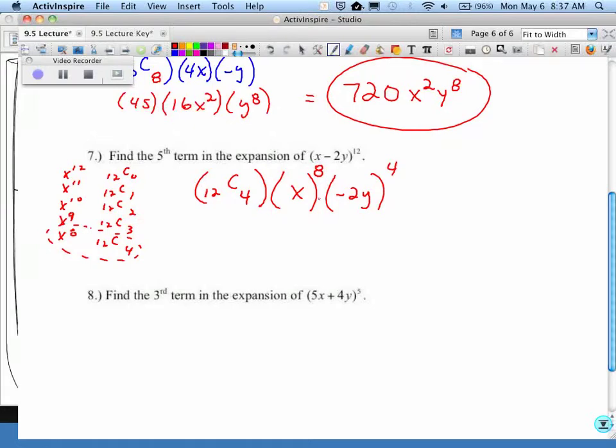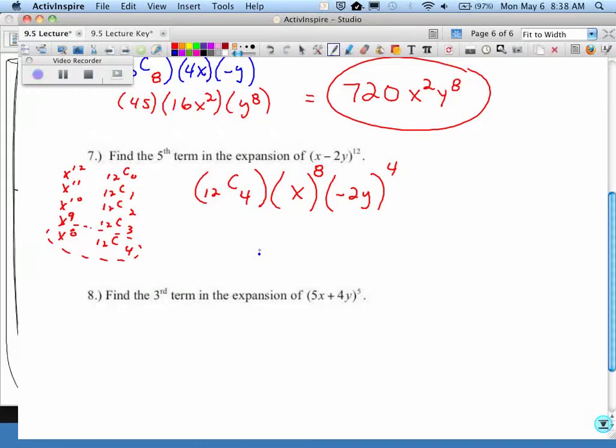Oh, you were right. I'm going to give you about 30 seconds on your calculator, get that all multiplied out, and get the final term. Calculus back there, what'd you get? 7,920. Yeah, that's right. 495.